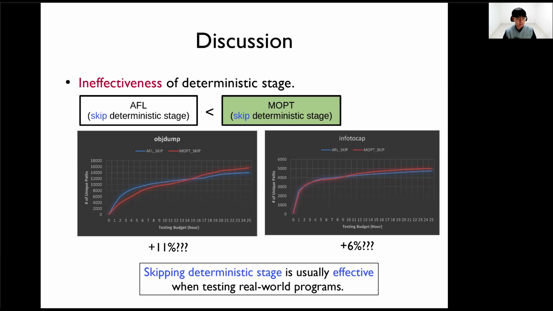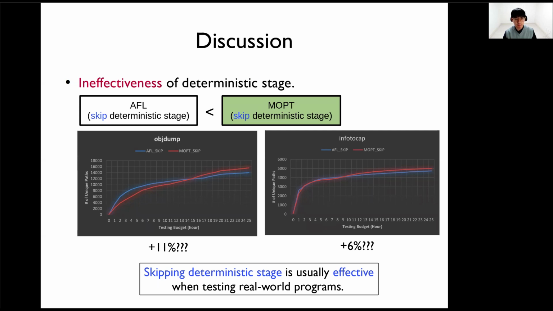As you can see in this graph, the x-axis represents the testing budget in hours, and the y-axis the number of unique paths. And as you can see, MOPT is only very slightly better than AFL when skipping the deterministic stage for AFL.